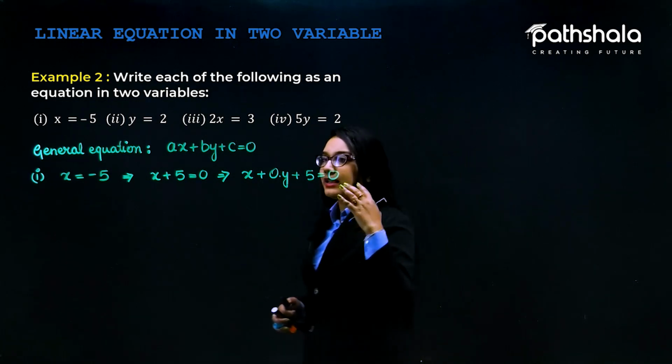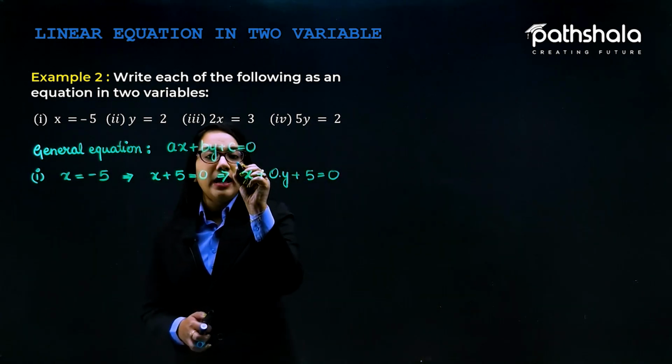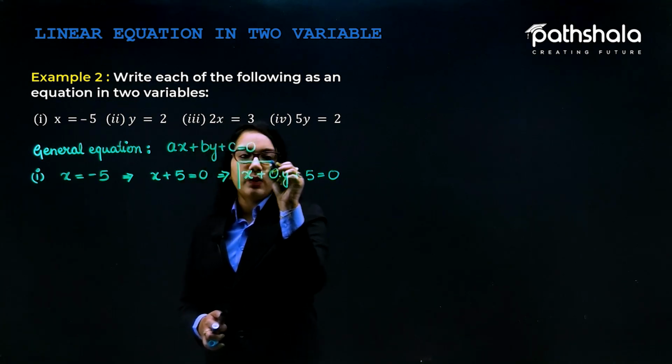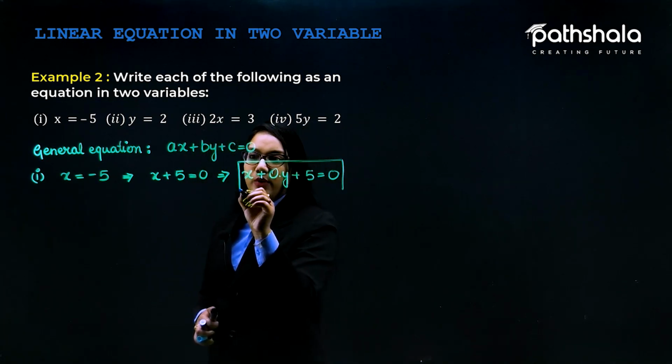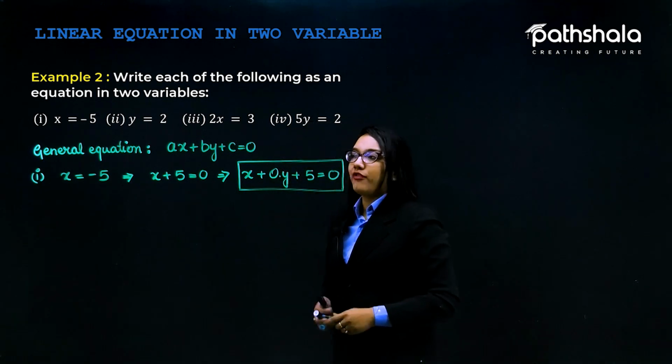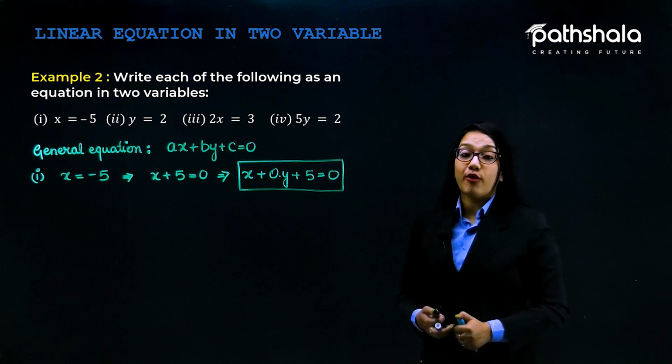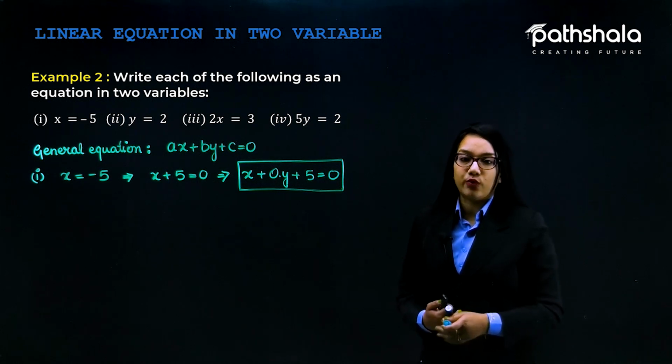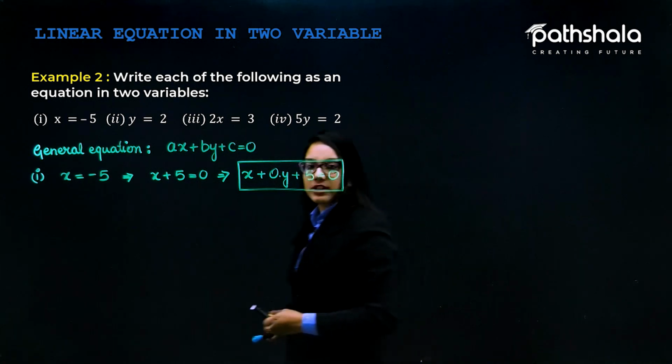So at the end, we have expressed x is equal to minus 5 as a linear equation in two variables.